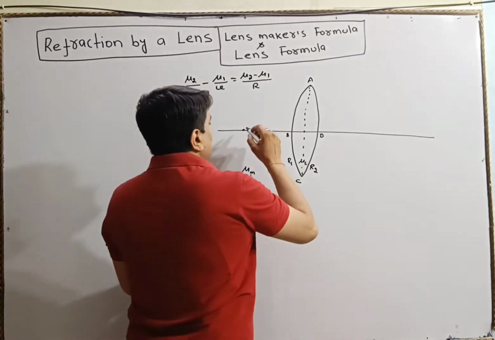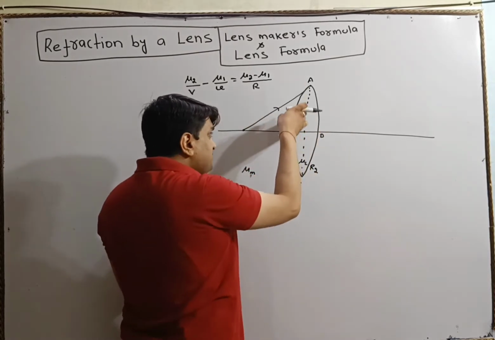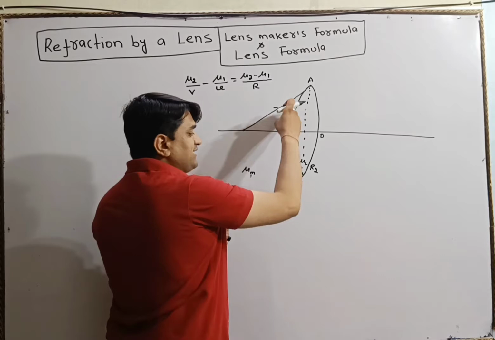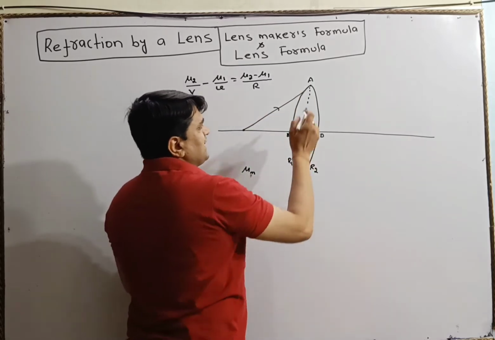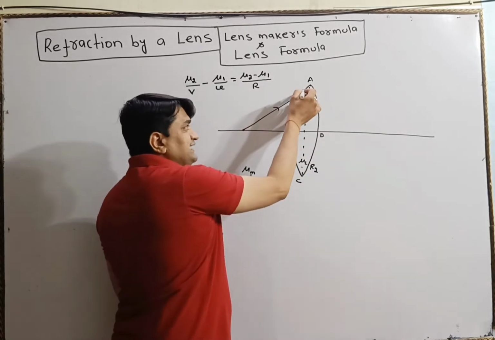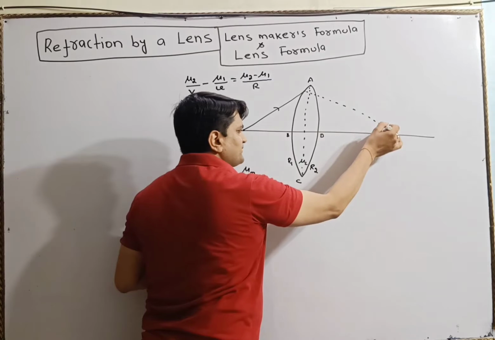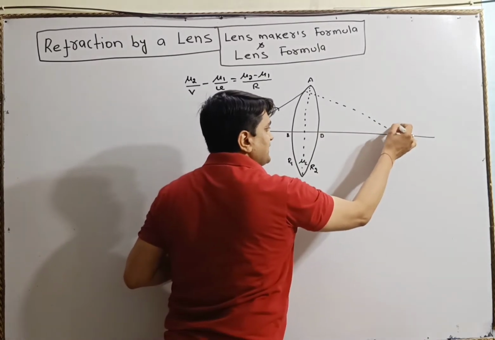Now if light falls on it, first it will be refracted from the first surface ABC. If there is no second surface, then it must make an image. Let it be I1.